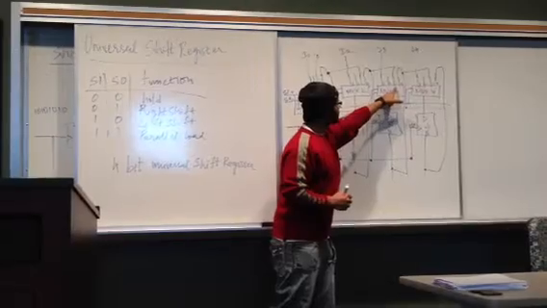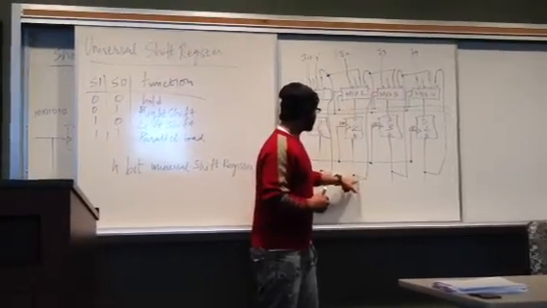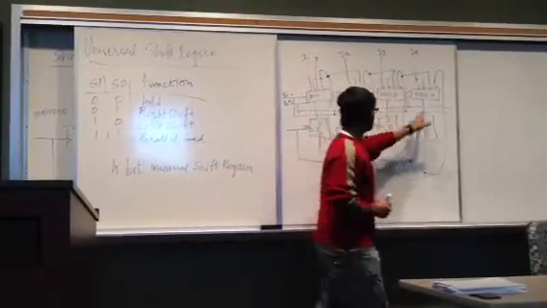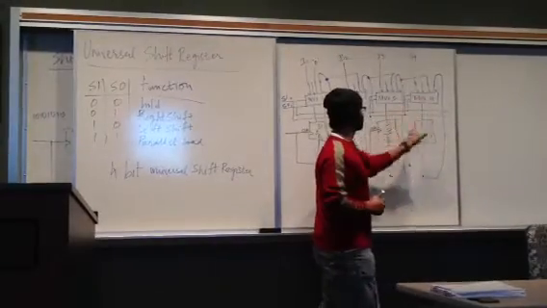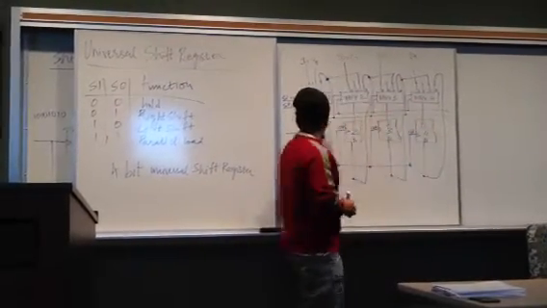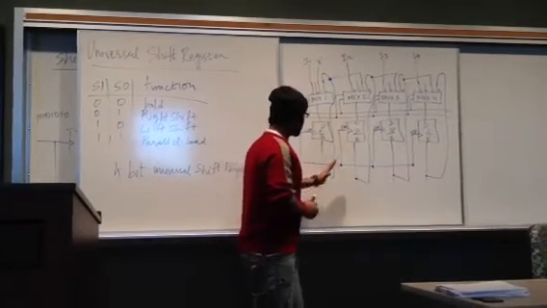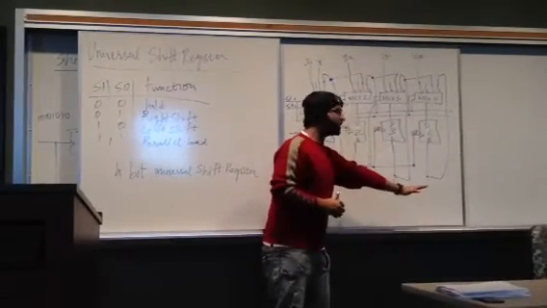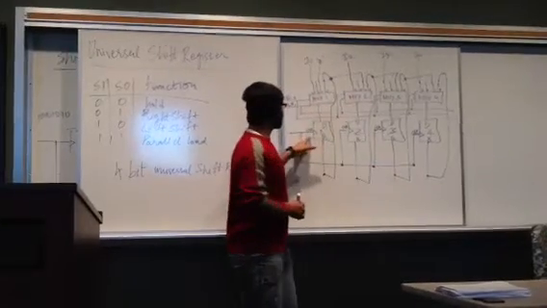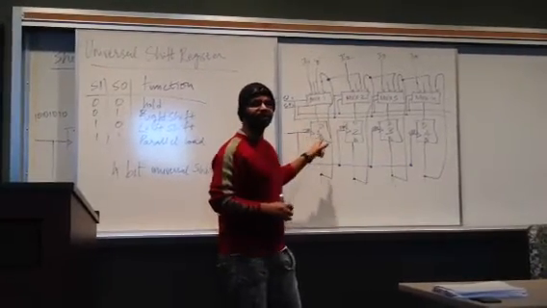The input of this mux is the output of this flip-flop. And for this mux, it is the output of this flip-flop. So provided this is 0, 1, all the outputs are going to move to the next flip-flop whenever you provide a rising edge on the clock.